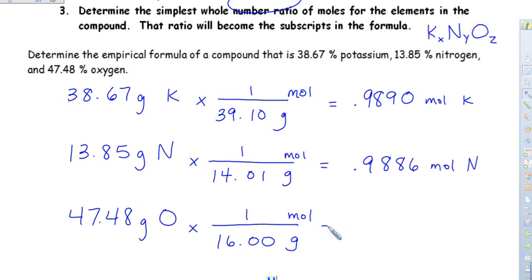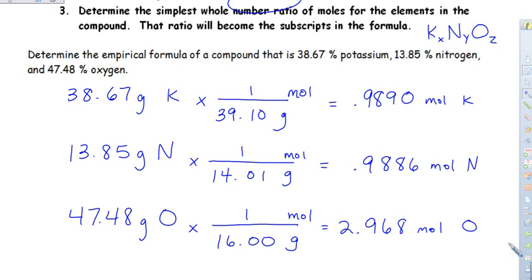And the oxygen, 47.48 divided by 16, 2.968 moles of oxygen. Excellent. I like what I see. I have numbers that are really close to whole numbers. And I would feel pretty confident saying that this is a ratio of 1 to 3.